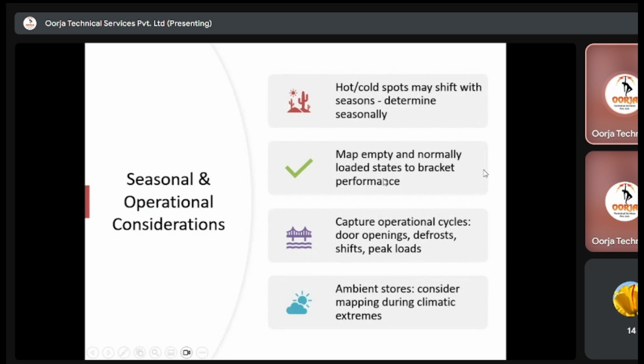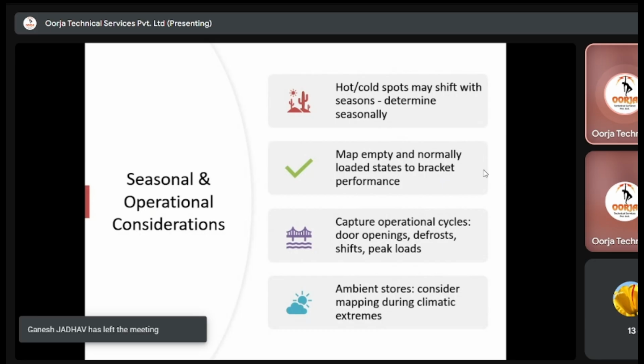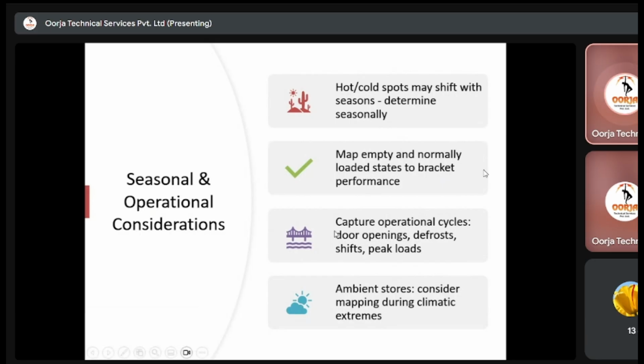Mapping must be done in both empty and loaded conditions in every season, because the behavior of the storage area will differ for both conditions. And we should capture the operational cycles, door opening, power failures, and loaded conditions.